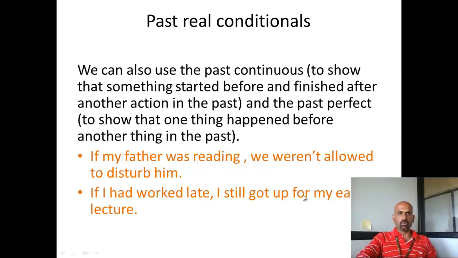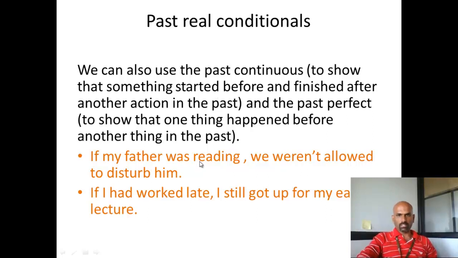Now let's see the rule. We can also use the past continuous to show that something started before and finished after another action in the past. This is normally used for the past perfect tense. The past perfect shows that one thing happened before another thing in the past. Let me repeat. We can also use the past continuous to show that something started before and finished after another action.